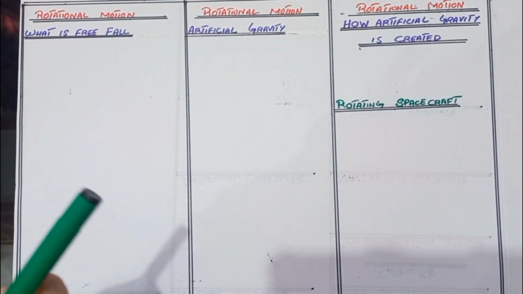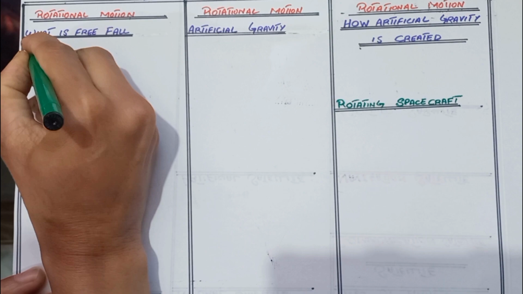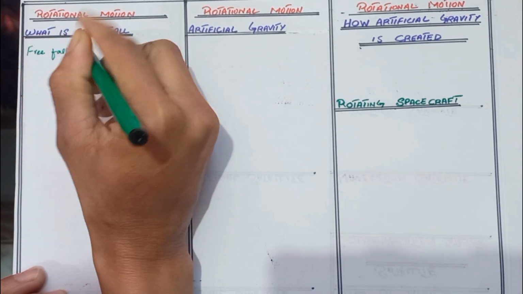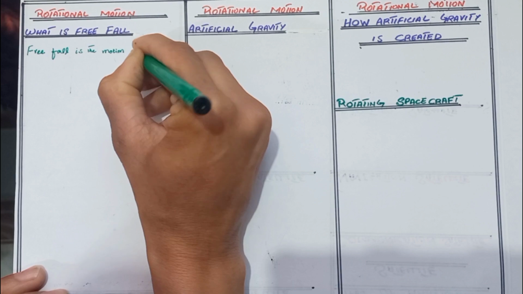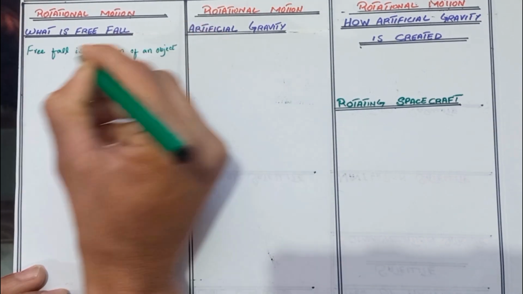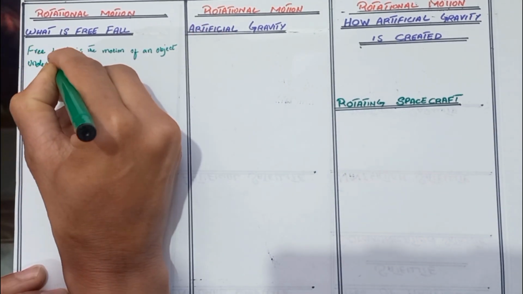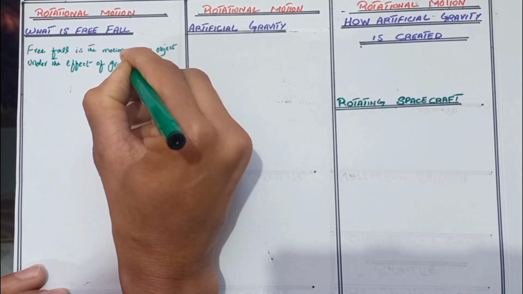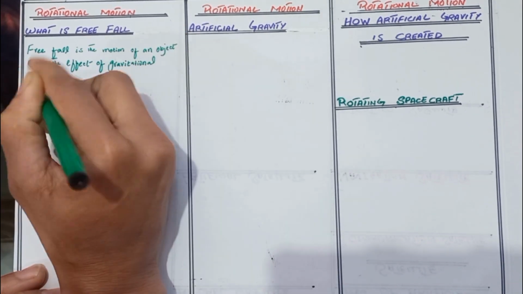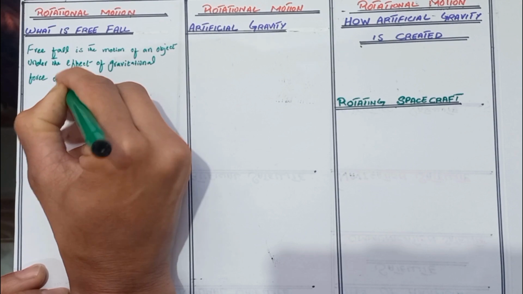Now we first write the definition of free fall. What is free fall? Free fall is the motion of an object under the effect of gravitational force only.